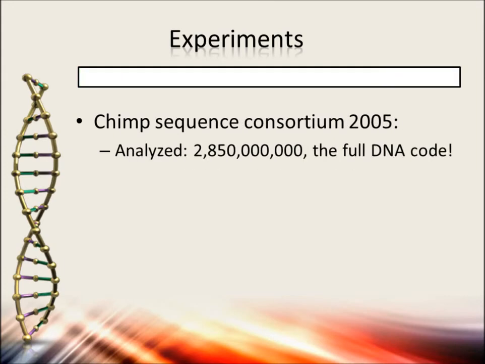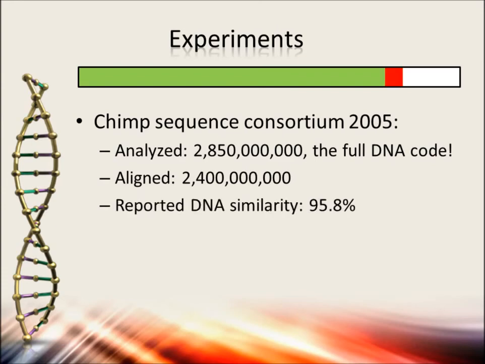In 2005, scientists managed to analyze 2.8 billion base pairs, which is actually the entire genome of the human and chimp, they got 2.4 billion base pairs aligned and reported a similarity of 95.8%. But again, 60% was too different to align and thus removed before analysis.